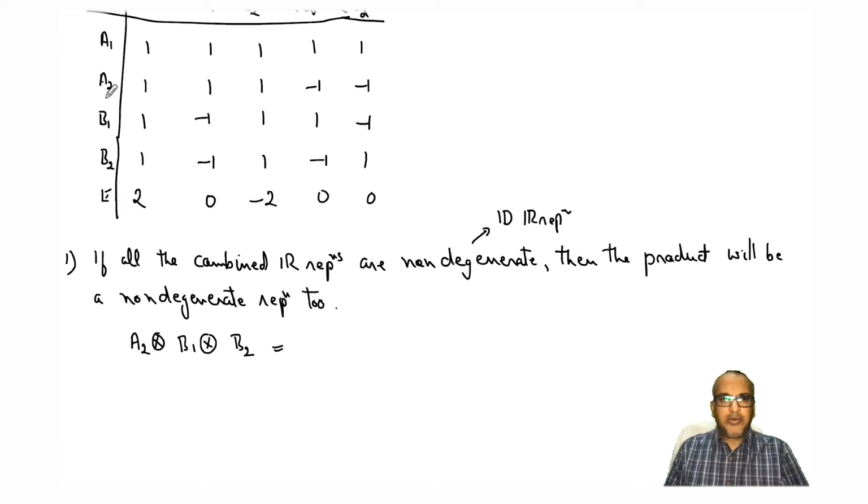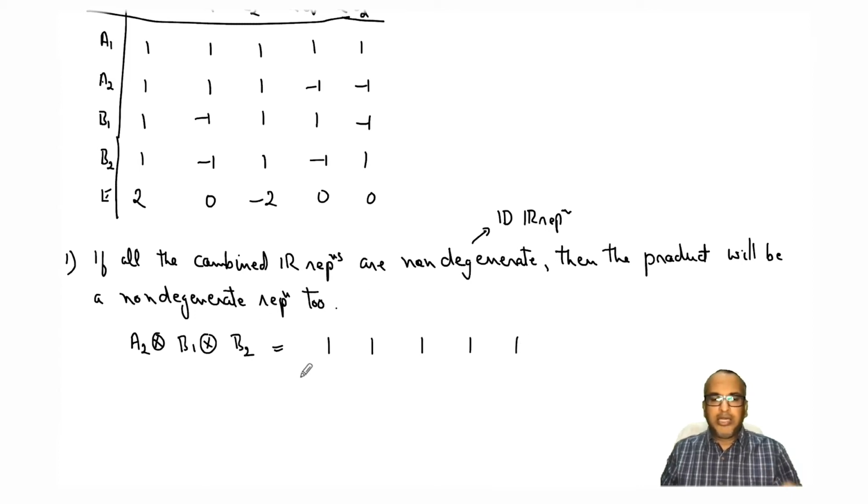Let's try to combine these A2, B1, B2. So you have 1 into 1 into 1, so that is 1. Then you have 1 into -1 into -1, so that is 1 again. 1, 1, 1, so 1 again. -1, 1, -1, so you have 1 again. -1, -1, 1, so you have 1 again, right?